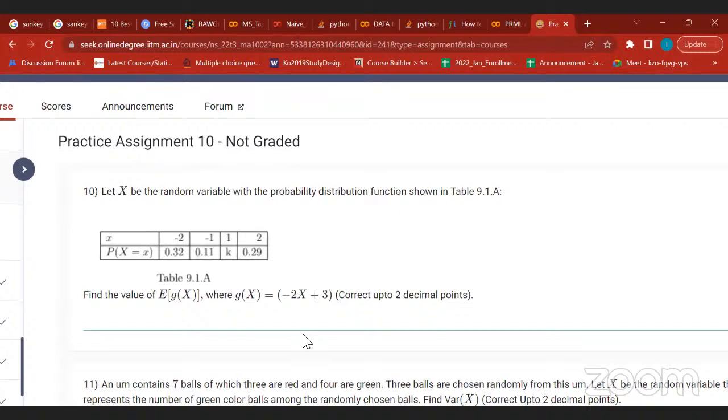Okay, so here we are finding expectation, right? Yes, sir. So what is the expected value of ax plus c, where a and c are constants?